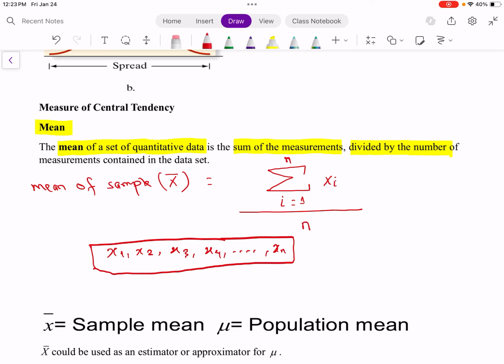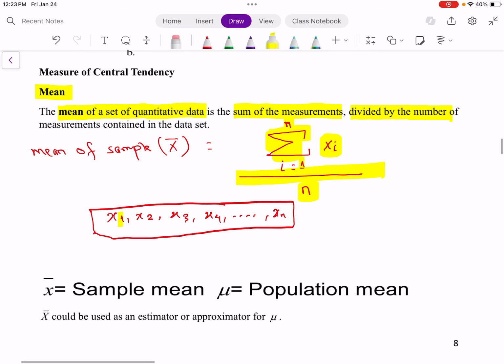This is how we write the summation of xi, where xi is the measurement and i runs from 1 to n, divided by the total number of measurements, n. This is the mean for the data set.